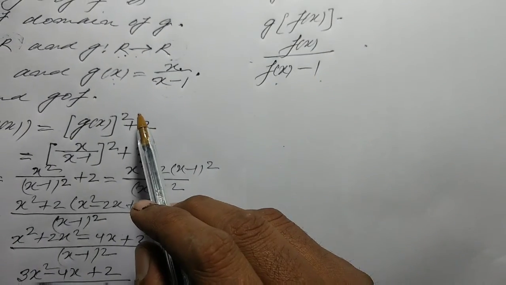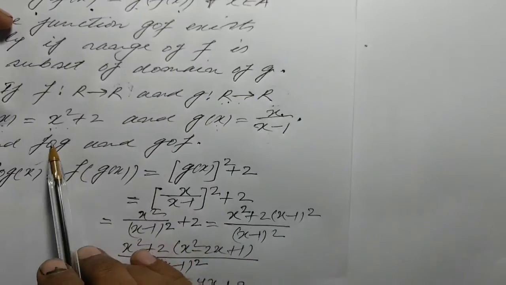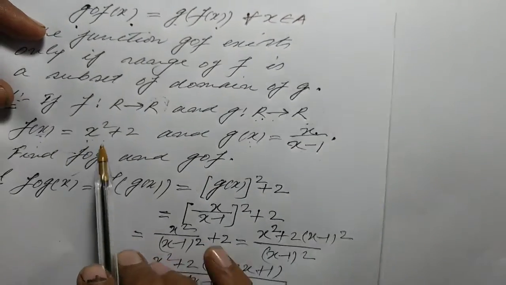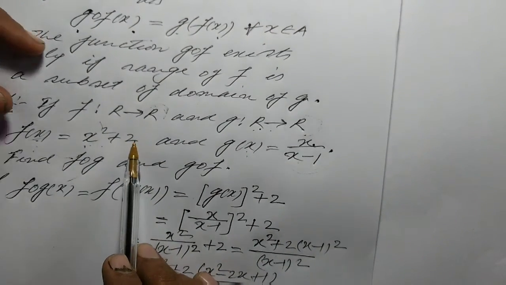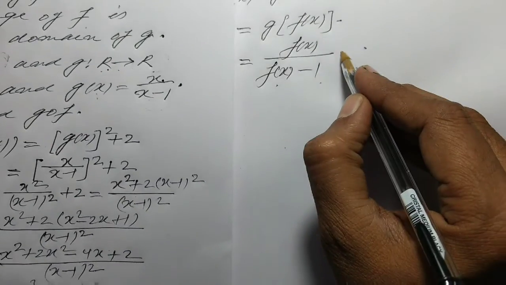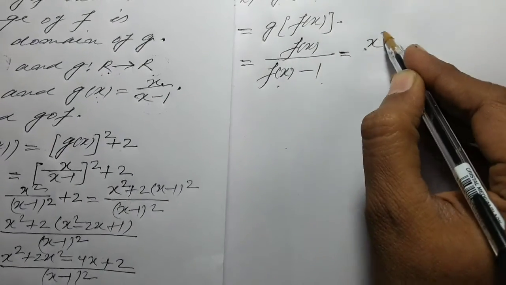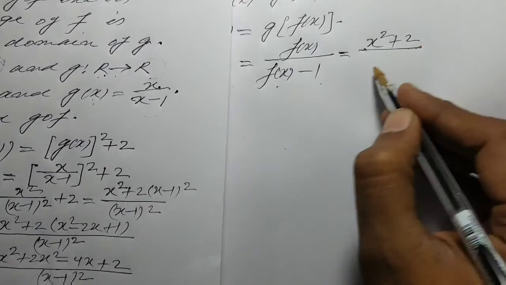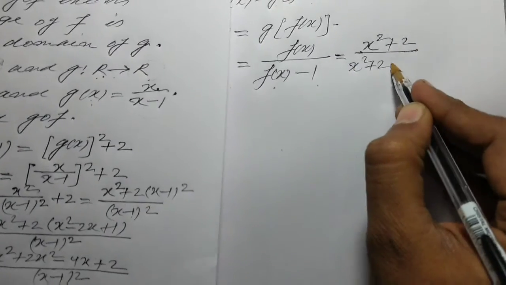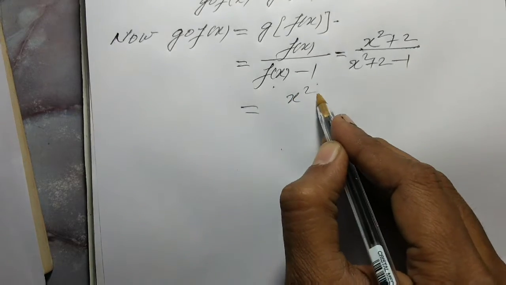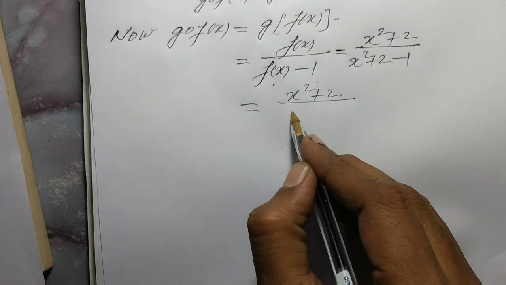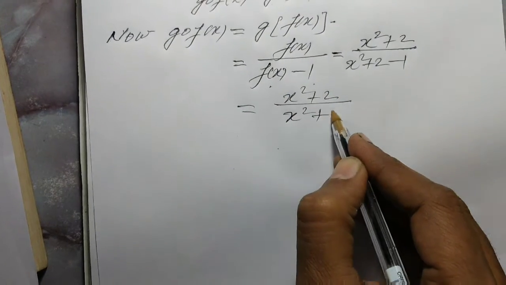Now what is the value of f(x)? f(x) is equal to x square plus 2. So we substitute it here: x square plus 2 upon x square plus 2 minus 1. So ultimately we have x square plus 2 upon x square plus 1.